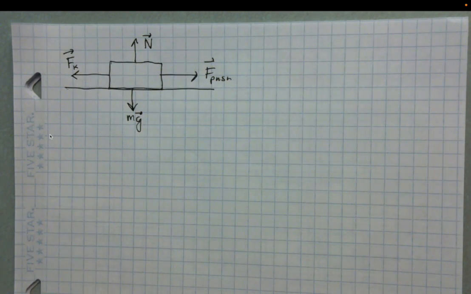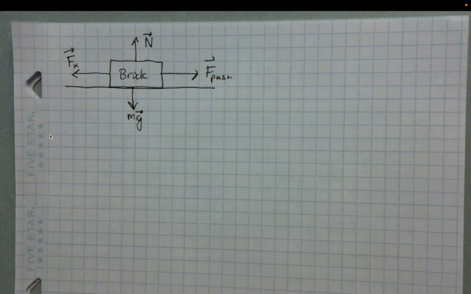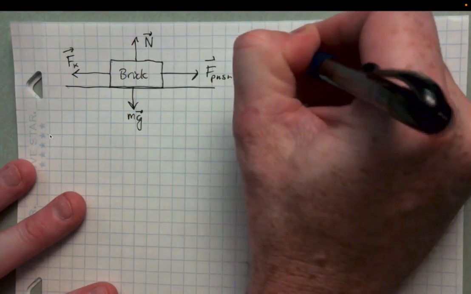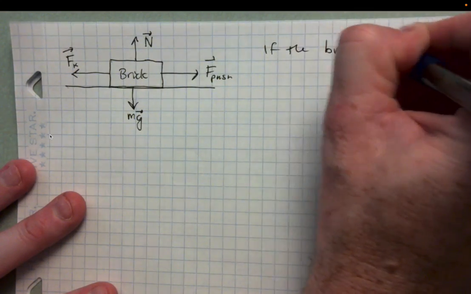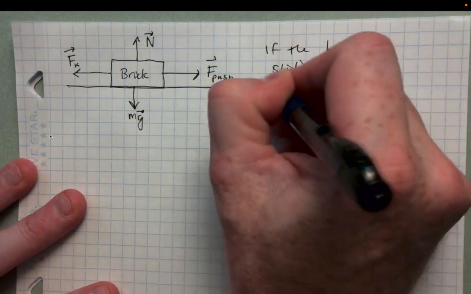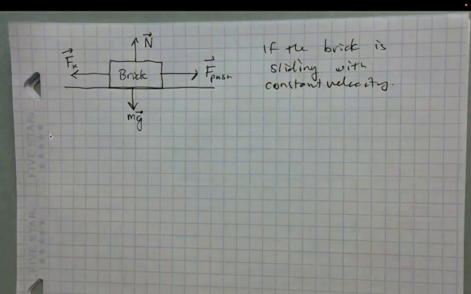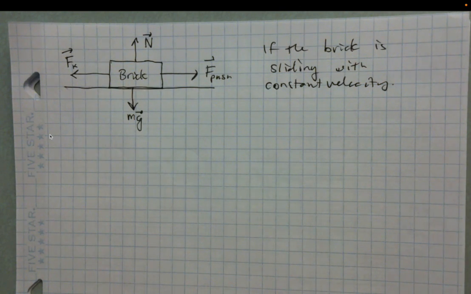Imagine this scenario where the brick is sliding with a constant velocity. It's not speeding up, it's not slowing down. Just imagine you could drag it across the sidewalk at a perfectly constant velocity. If it has a constant velocity, it means acceleration is 0, which means we have no net force.